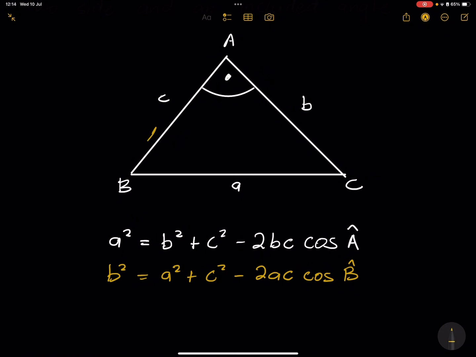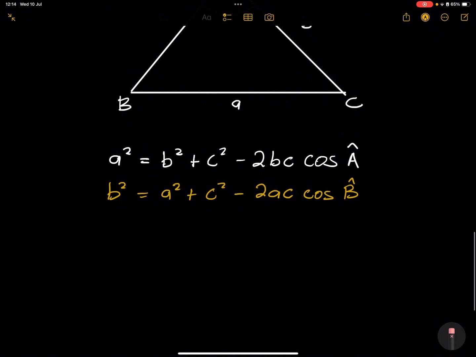So if I'm given side c and side a, the included angle will be B. If you've got a and b, the included angle will be C. But just like we said in the beginning, if we are given b and c, the included angle will be angle A. We're going to take some examples of these.